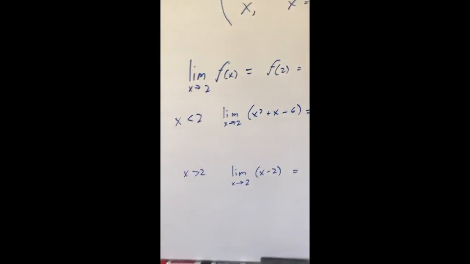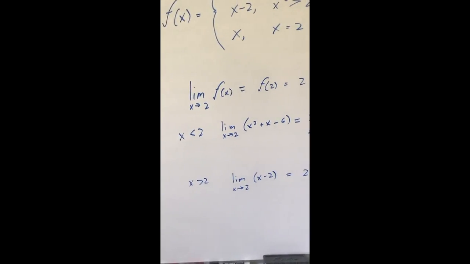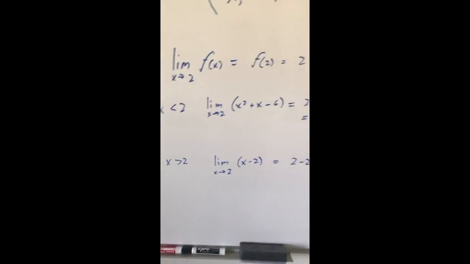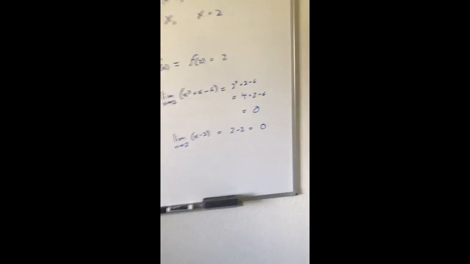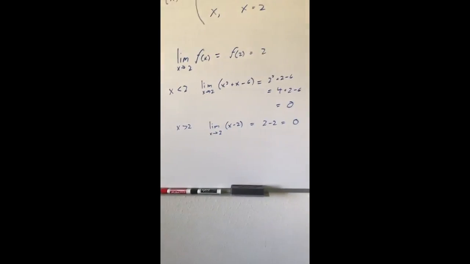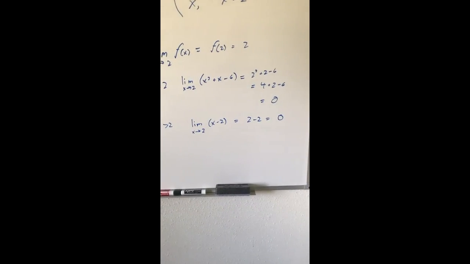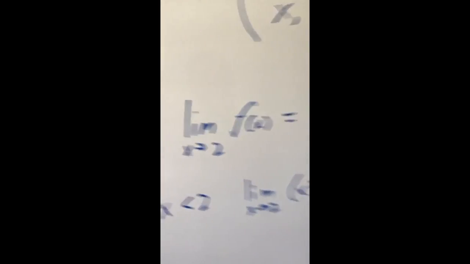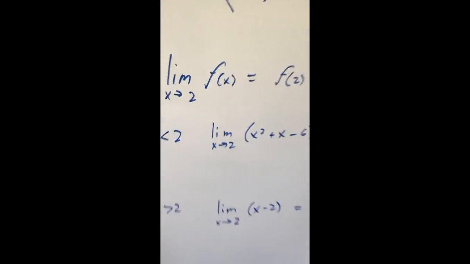Which means that as x is getting closer and closer to 2, without equaling exactly 2, it's actually getting closer and closer to 0, even though f of 2 is 2. So that's just one example.